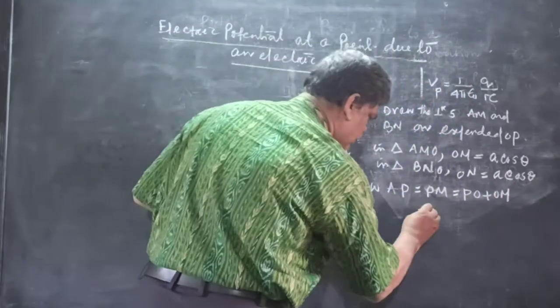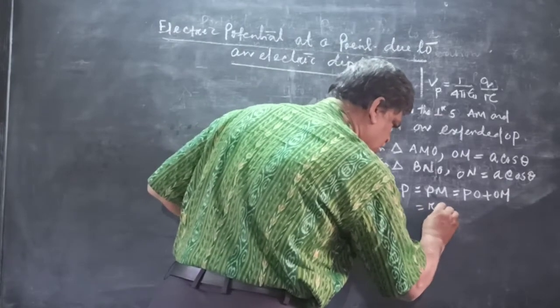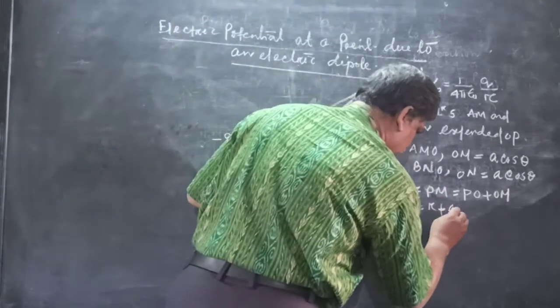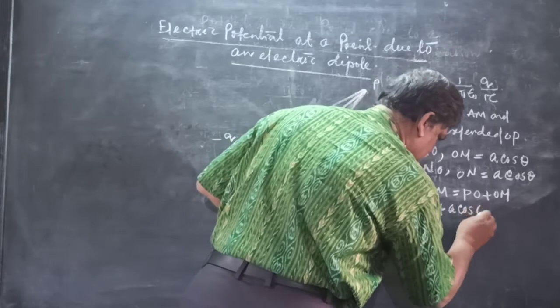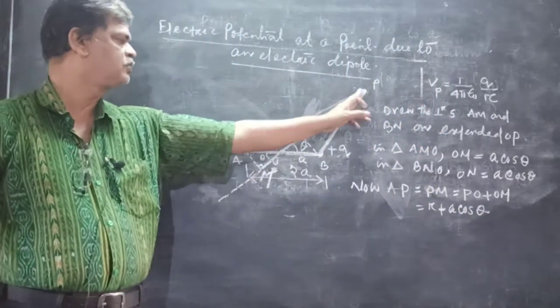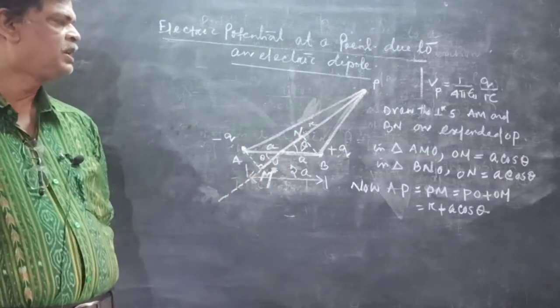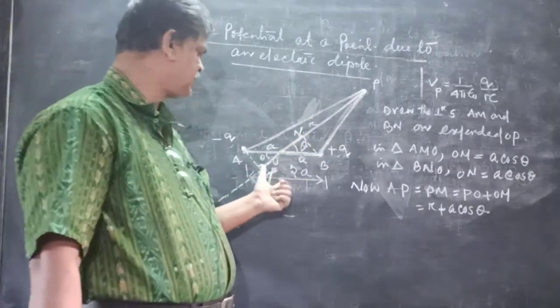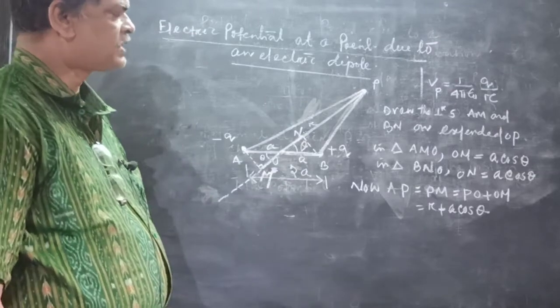PO is equal to R, plus OM which is A cos theta. Clear? So AP is equal to PO plus OM, that is R plus A cos theta.